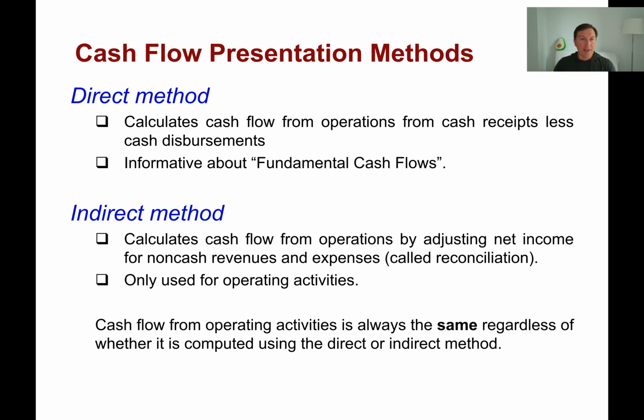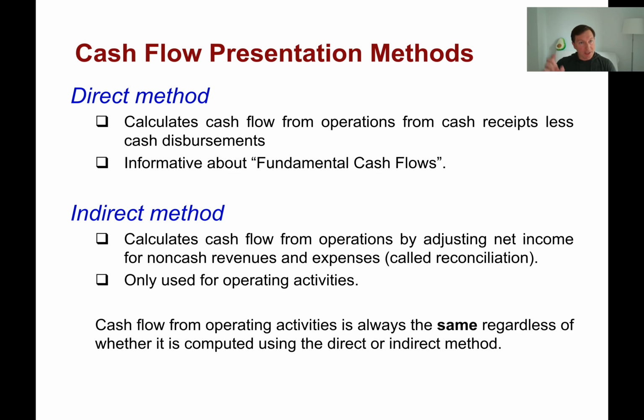Okay, indirect method works by basically taking net income and doing a bunch of adjustments to take away all the accrual components from net income, because we measure income on an accrual basis, so that what's remaining at the bottom is basically cash-based income, or operating cash flow, essentially.